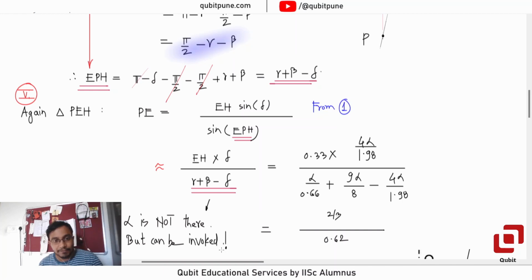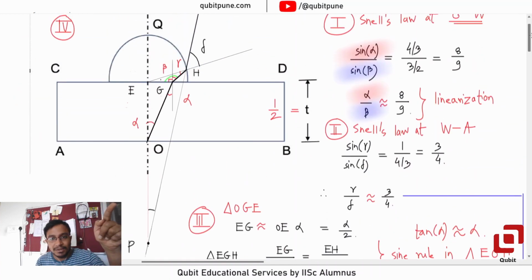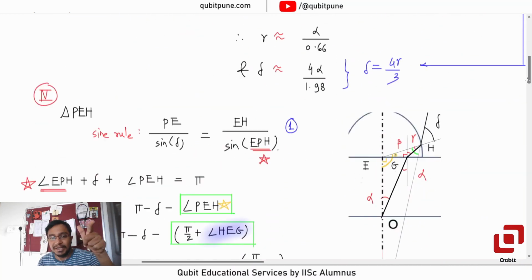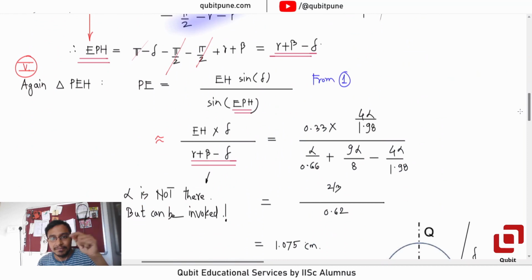Whenever we see delta, use its expression in terms of alpha, and that's the reason we got them in the first few parts. Beta is 9 alpha by 8.